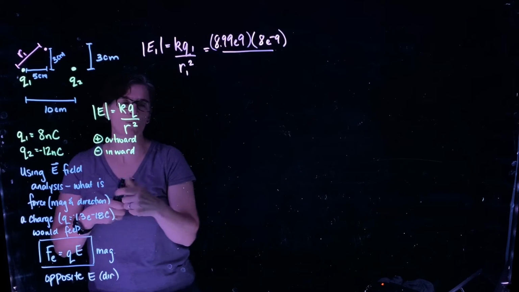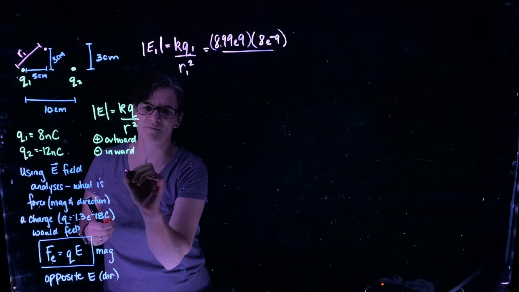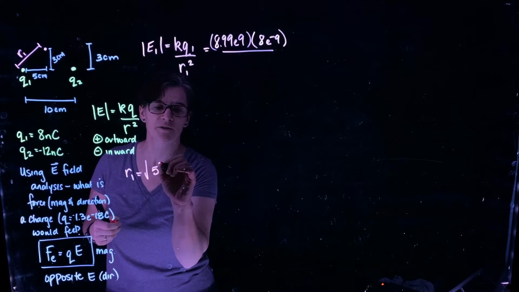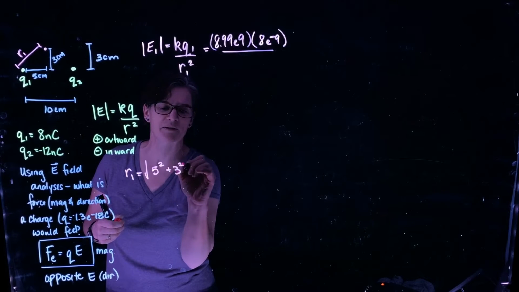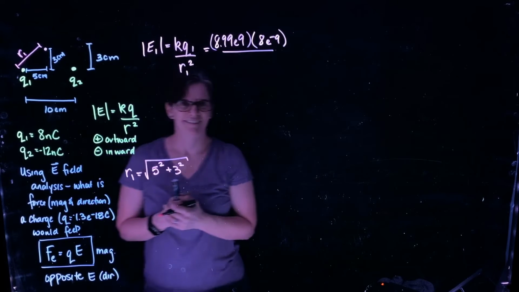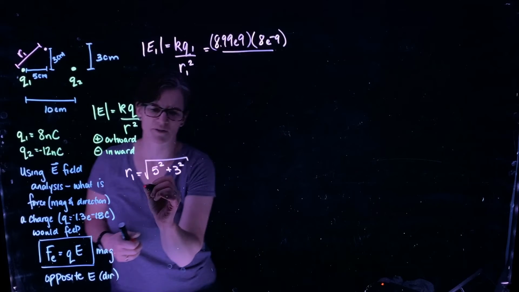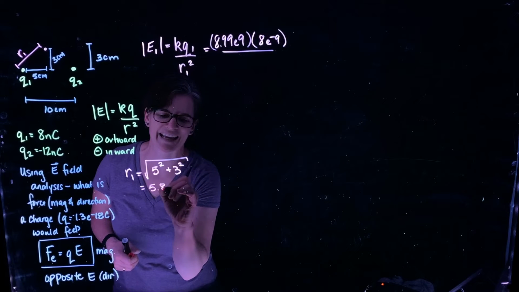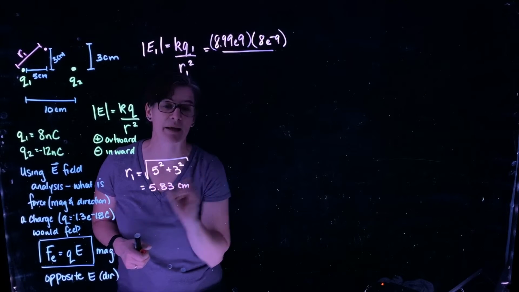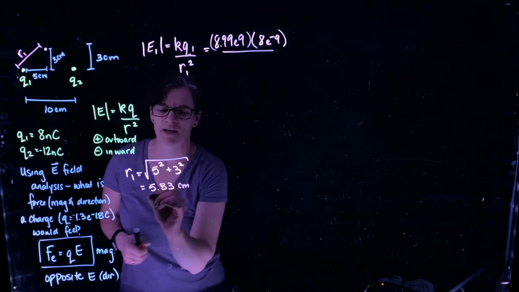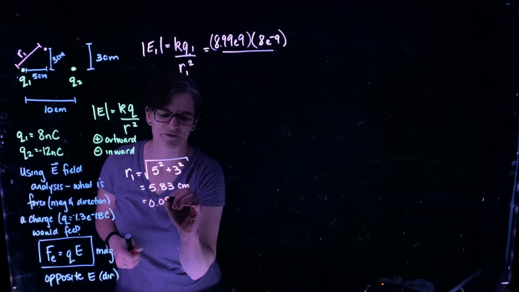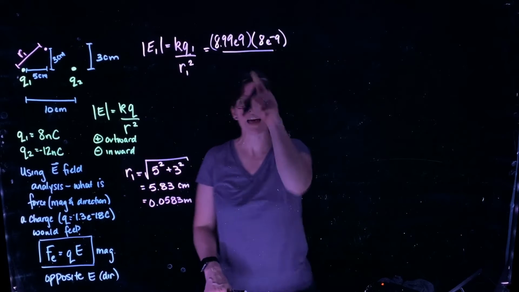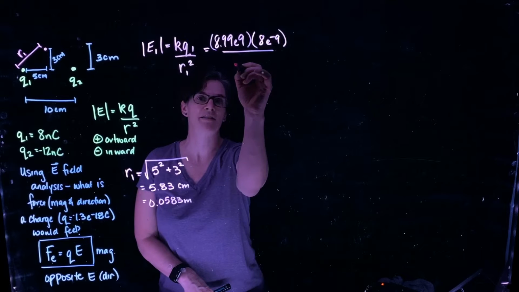So radius 1 is equal to the square root of 5 centimeters squared plus 3 centimeters squared, all under the square root. And so my radius in centimeters is 5.83 centimeters. Now I'm interested in always using meters, so that's 0.0583 meters.